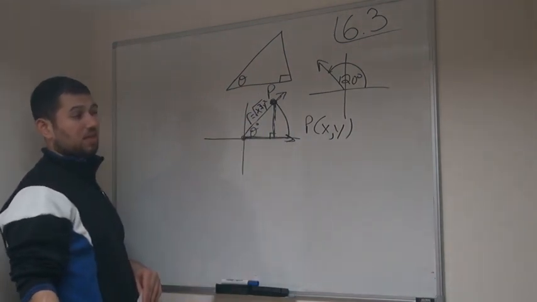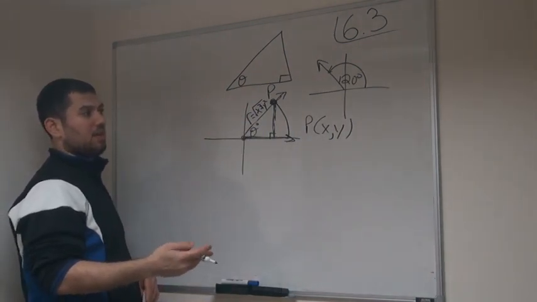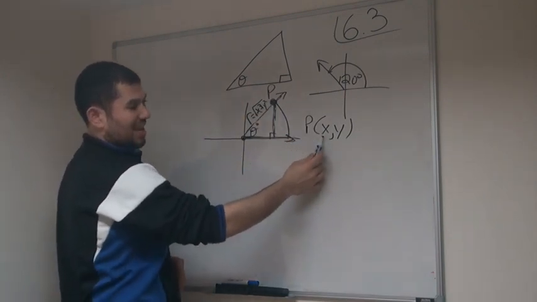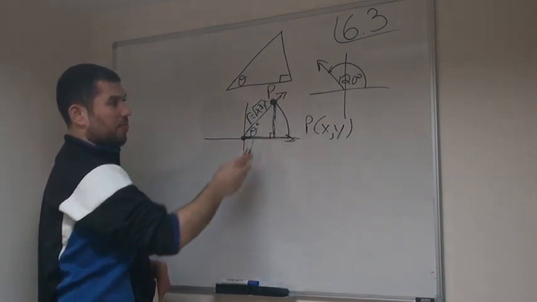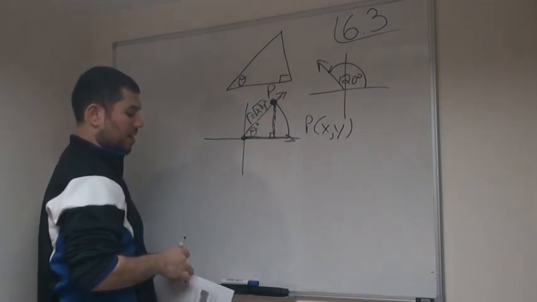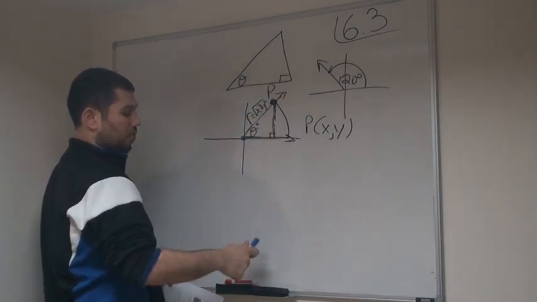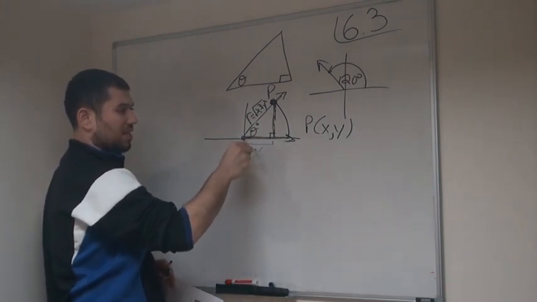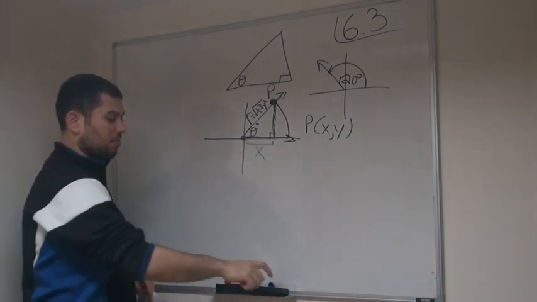Now, does that really make sense? Let's think about that. This is point P. Point P, as we know, every point has an x value and a y value. If this point P has an x value and a y value, the x value of the point is represented by the distance traveled here. That's x. Right?